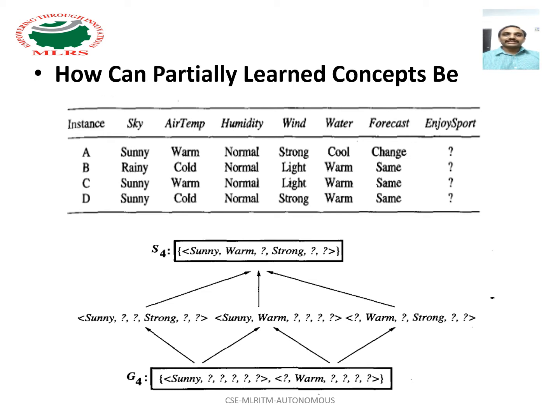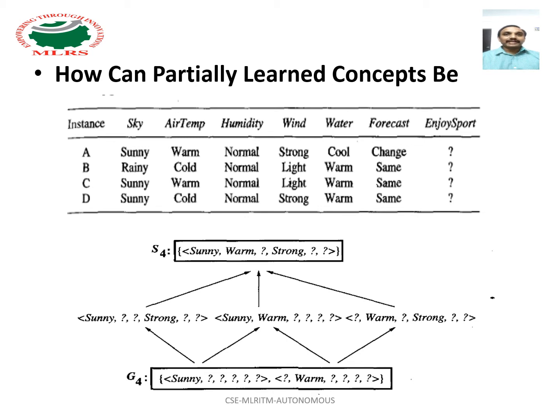Next, instance C. In the case of instance C, 3 hypotheses give the positive result and the other 3 give the negative result. That means half of the hypotheses say positive and half say negative. So we are unable to determine whether instance C is positive or negative.